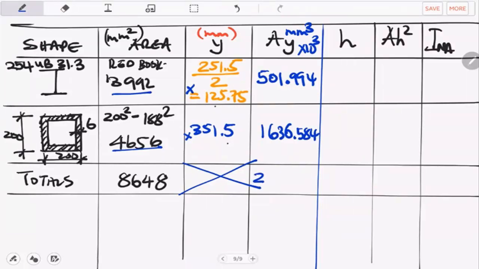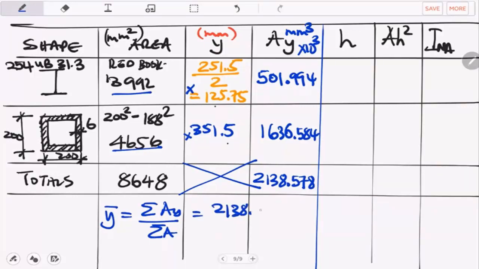2,138.578. Okay. So with this information, we can calculate the position of the neutral axis. y bar is equal to the sum of A y over the sum of area, which is 2138.578 divided by 8648. What does it give us?